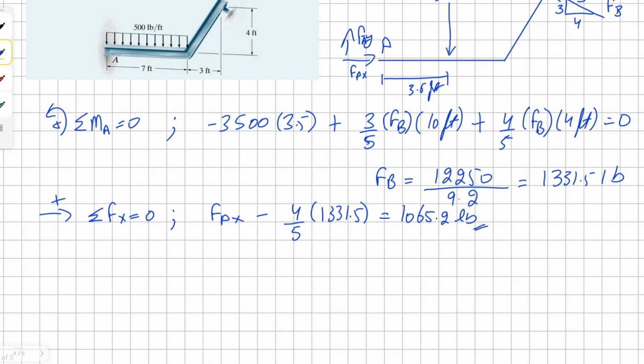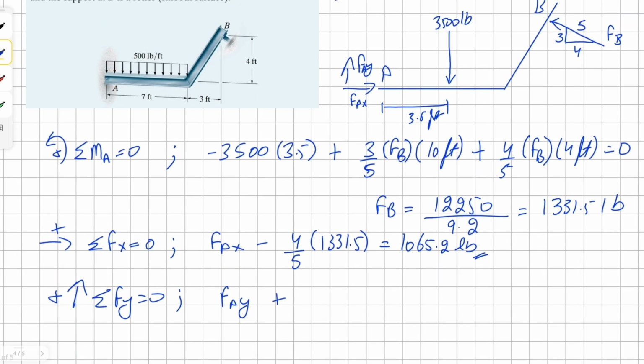And now for our force in the Y direction, going up would be our positive. FAY would become positive, and we can see that our FBY will also be positive. But to do that, we need to use our slope times the force we just found. And this would be 3 divided by 5, 798.9.